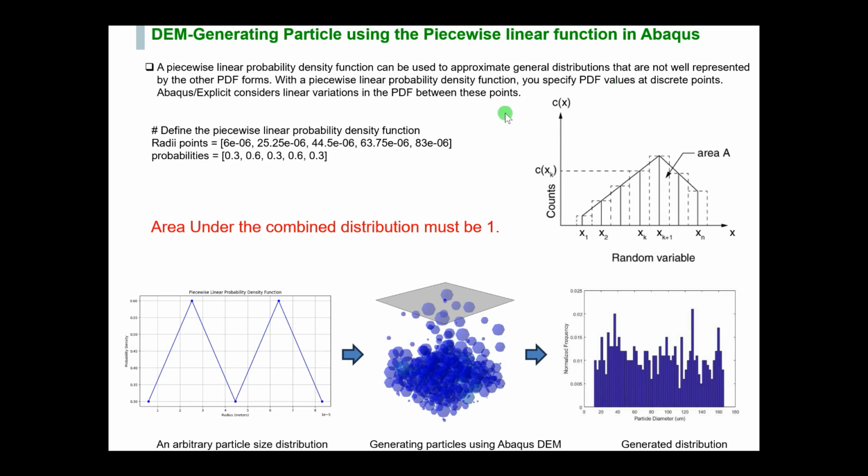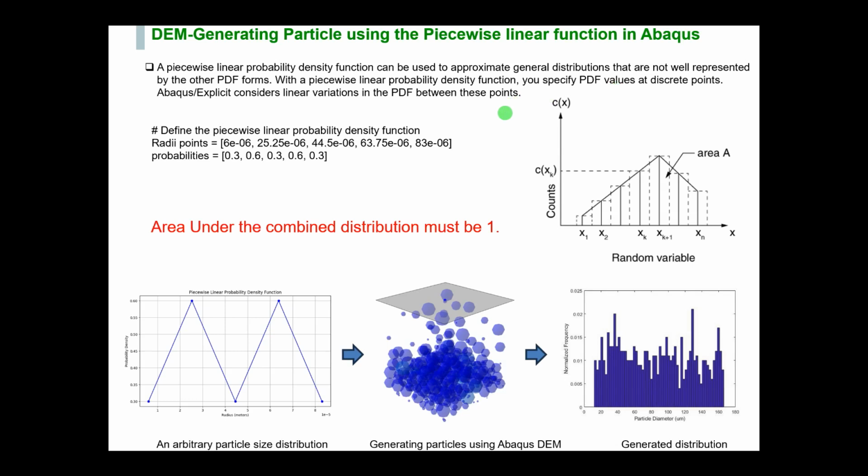We got several emails, posts and comments about how we can generate particles with different radii and different distributions, but with one inlet.